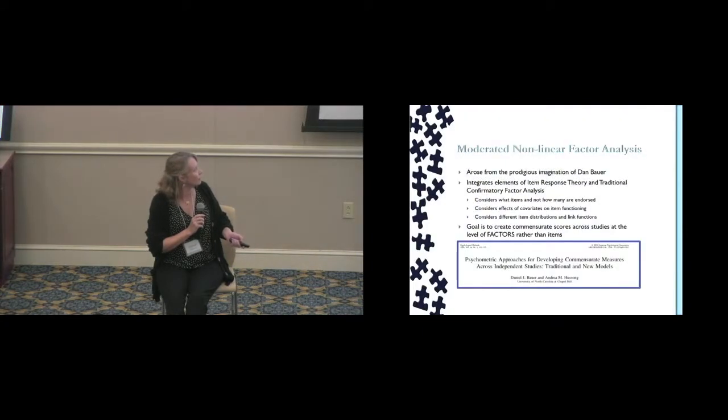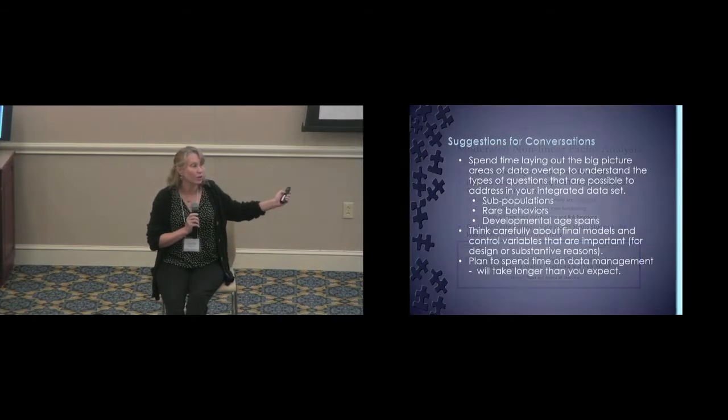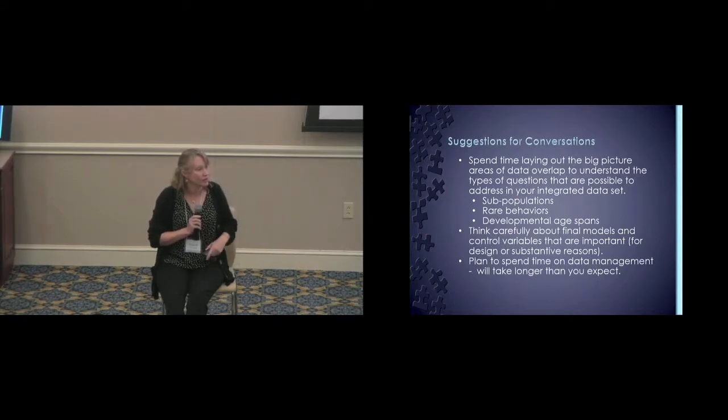And the goal here, and I'll just say this really loudly because this is probably the one thing that's most confusing, is that we're not in the end really worried about lining up all those items. We're worried about getting factors that are comparable across studies. And that's really the key for IDA to work. And we're going to use missing data algorithms and those types of things to get there.